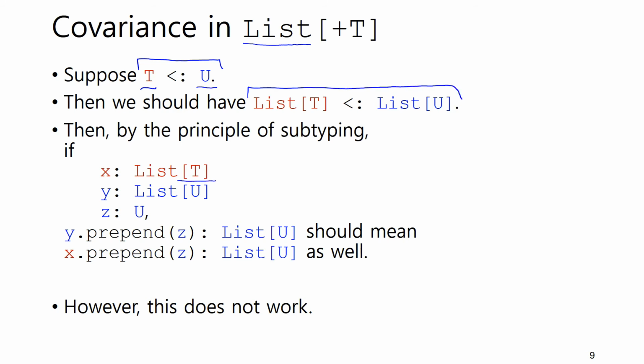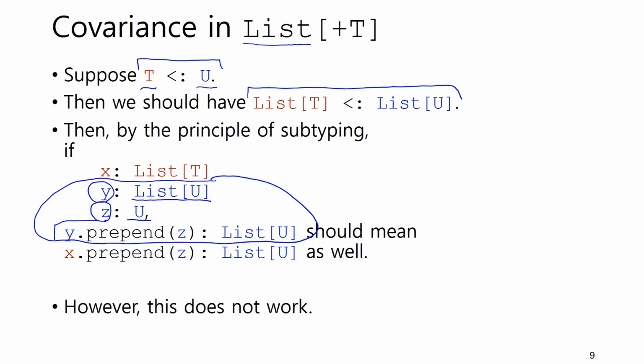Now, consider the situation described here. We have a list Y of type list U, and we are going to prepend a new element Z of type U. As a result, we would have the same type list of U.